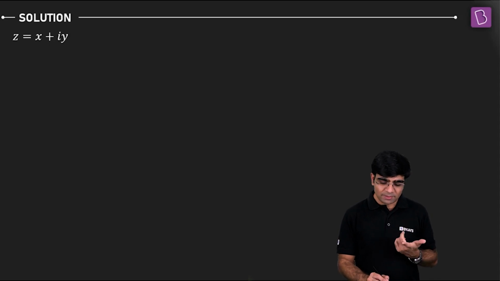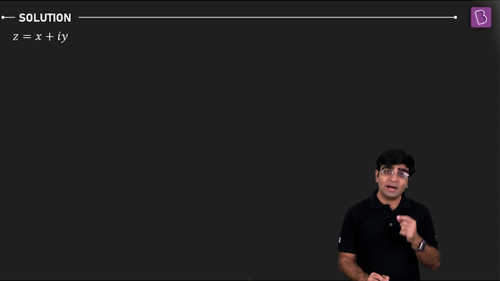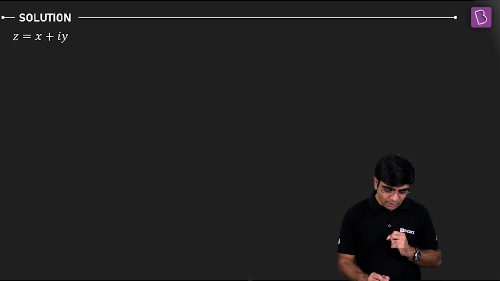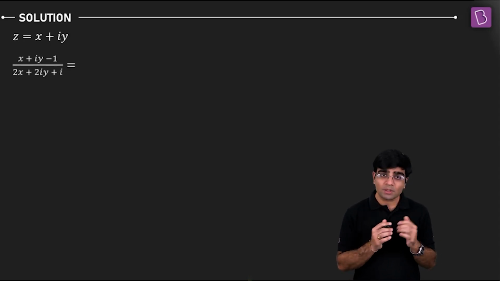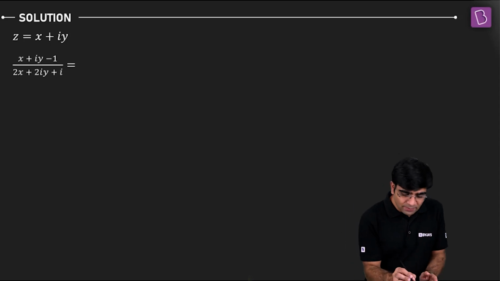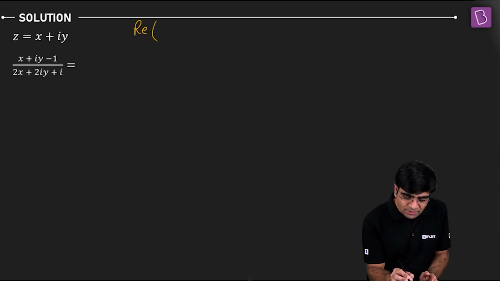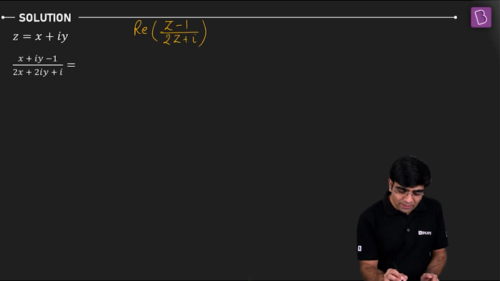So what was my expression? I have to look for the real part of z minus 1 upon 2z plus iota. This real part is given to me as equal to 1.